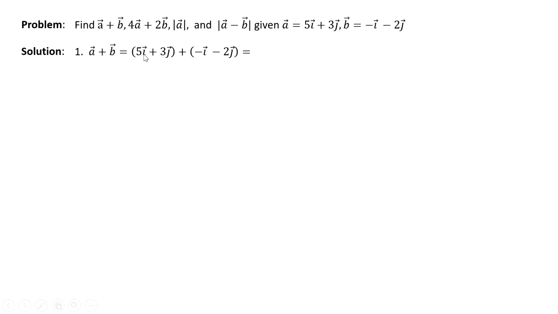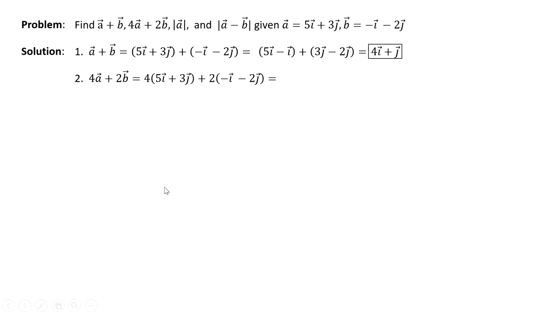A plus b would be: you need to take the x components, add them up, and add to that the sum of the y components. So 5i minus i plus 3j minus 2j. 5i minus i is 4i. 3j minus 2j is j. So basically 4i plus j. As simple as that.